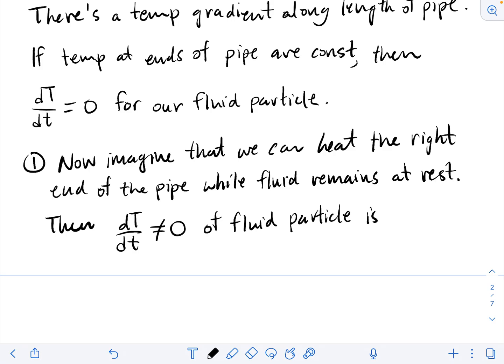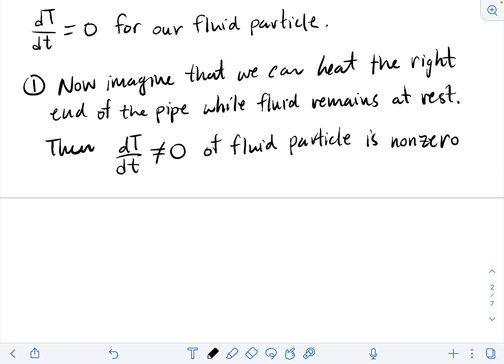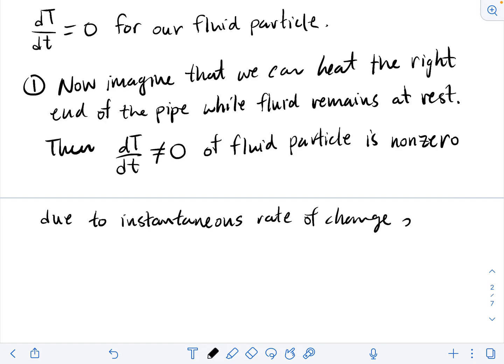So this dT/dt is non-zero due to the instantaneous rate of change of the temperature at the location of the fluid particle.